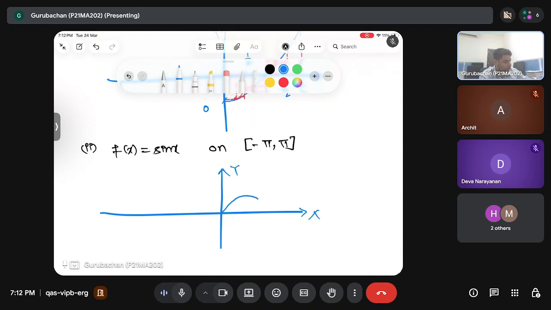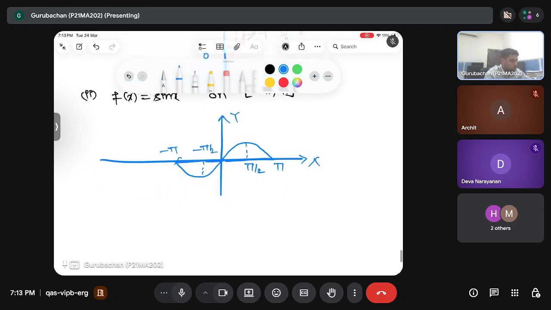It starts with 0. At pi by 2 it takes the maximum value, and at pi it is again 0. So this is your pi by 2, this is your pi, this is your minus pi by 2, and this is your minus pi. These are the four subintervals. One is this, one is this, third one is this, fourth one is this.